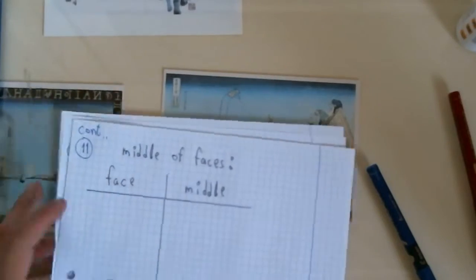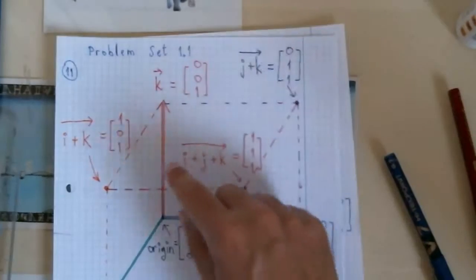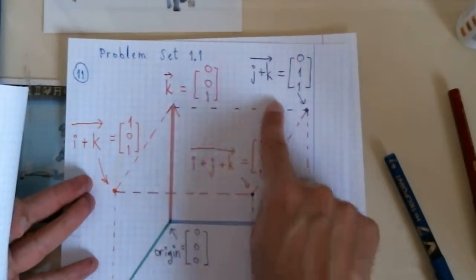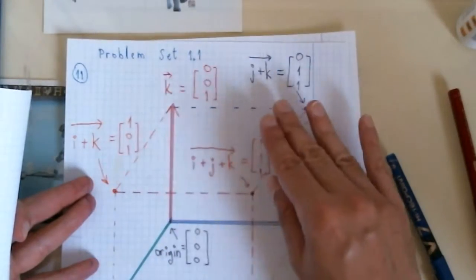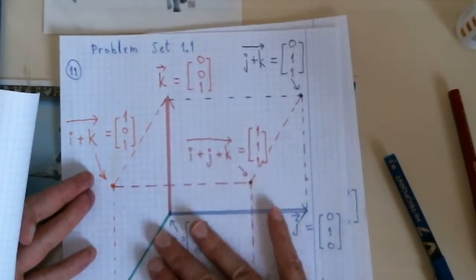We already did the orange one, the light green one, and the purple one. Now we need the top, the right one, and the one close to us.